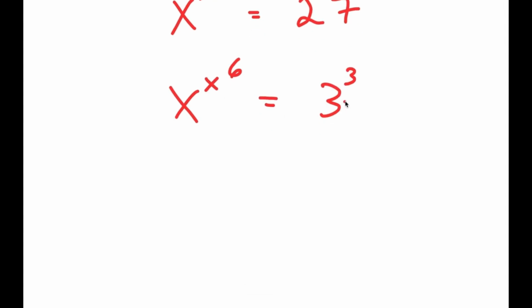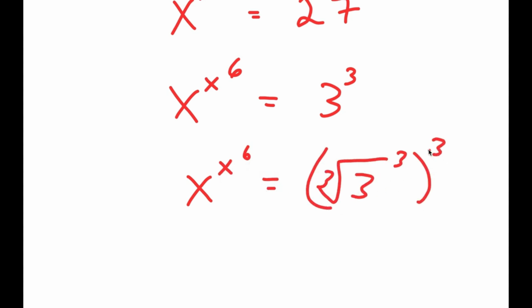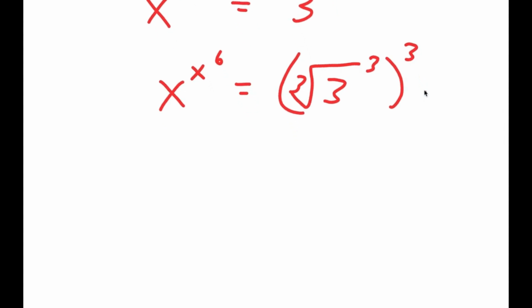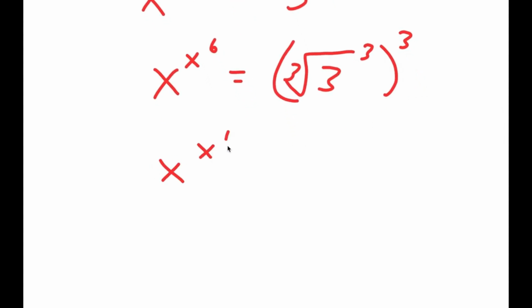And now from here, this is the same thing as x to the power of x to the power of 6 is equal to the cube root of 3 to the power of 3 to the power of 3, which is equal to the cube root of 3 to the power of 3 squared.